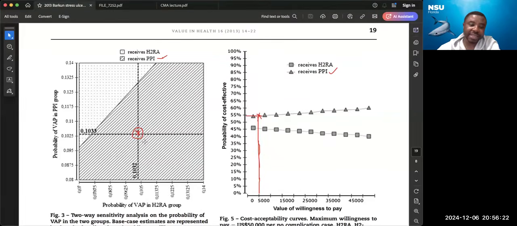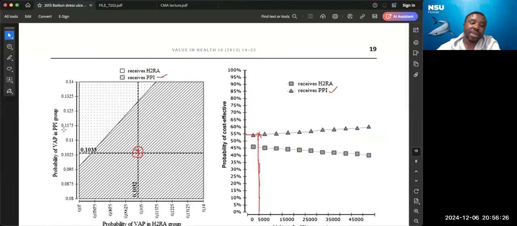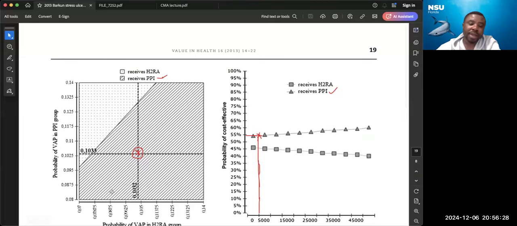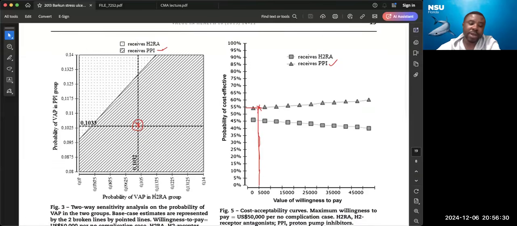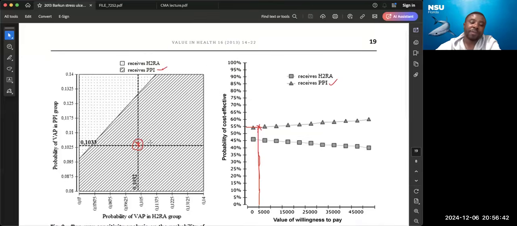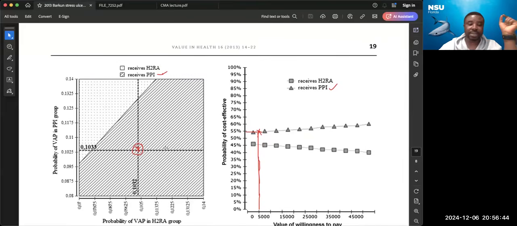And the base case for the probability of VAP in the PPI and the H2 array was 0.1033 for the PPI, and 0.123 for the H2 array. Now, if we use the base case, what will be our decision?